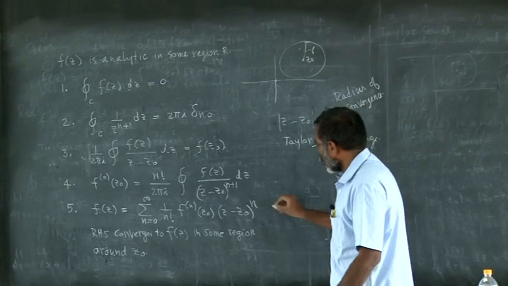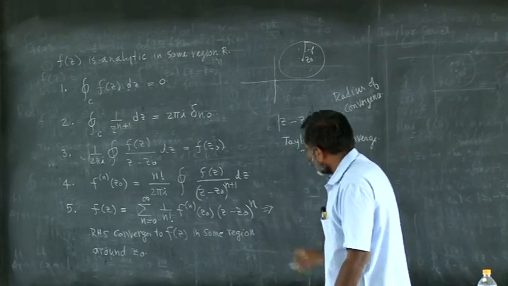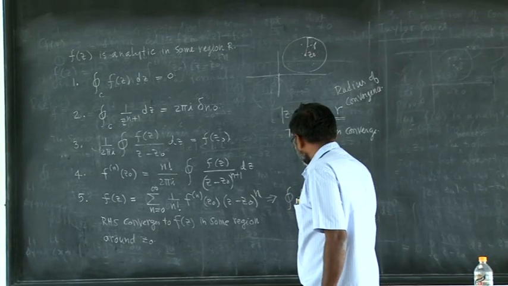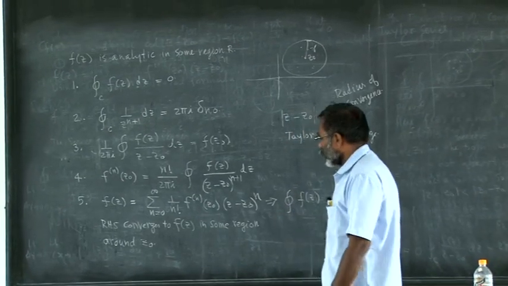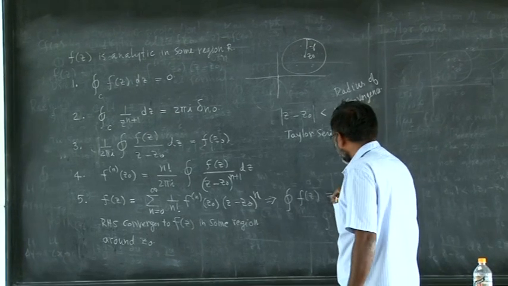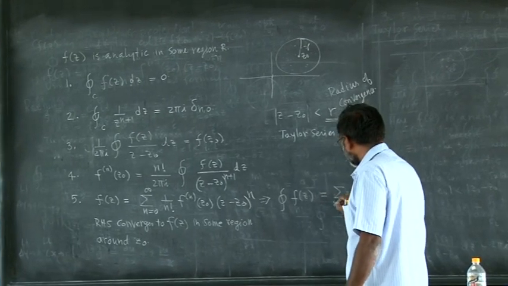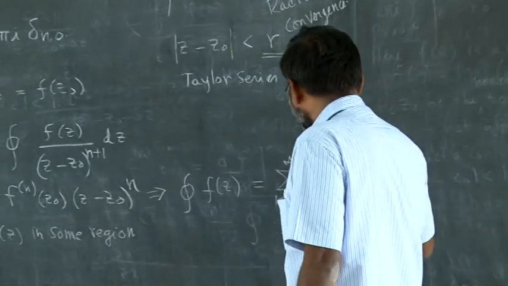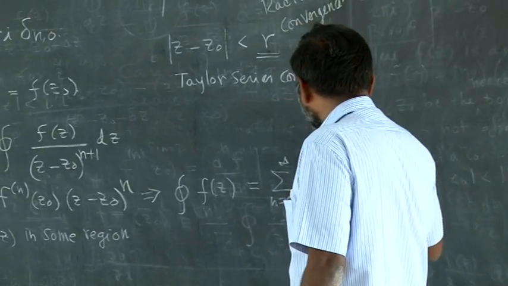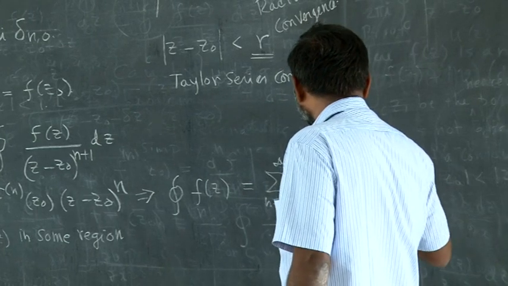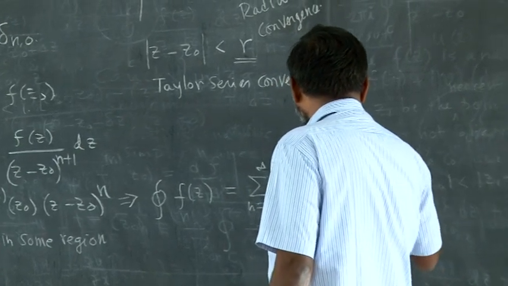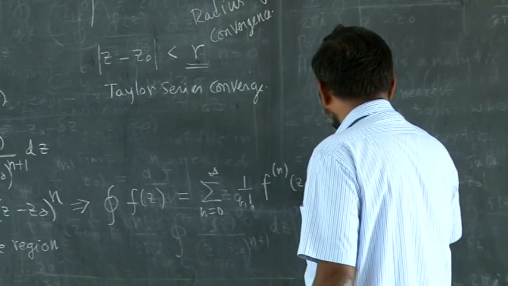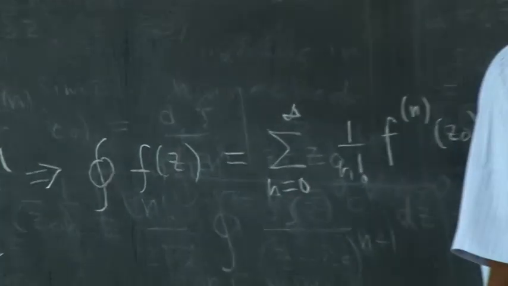That if I take from here, if I take the integral over a closed curve of f of z, what will I get? I will get the sum over n equal to 0 to infinity of 1 over n factorial, f^(n) of z naught, into the integral over the closed contour of (z minus z naught) to the power n dz.